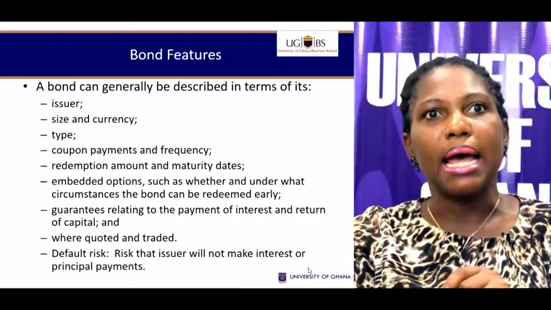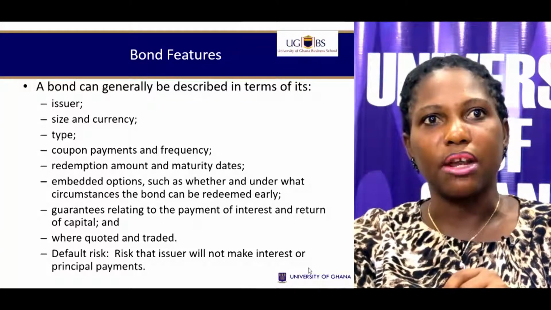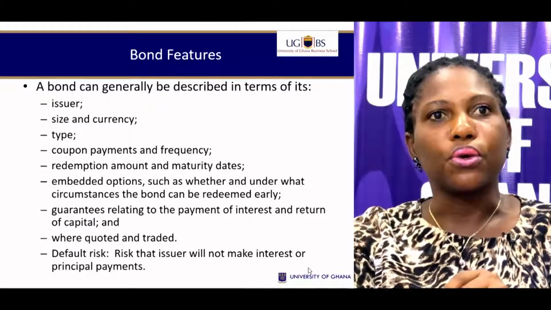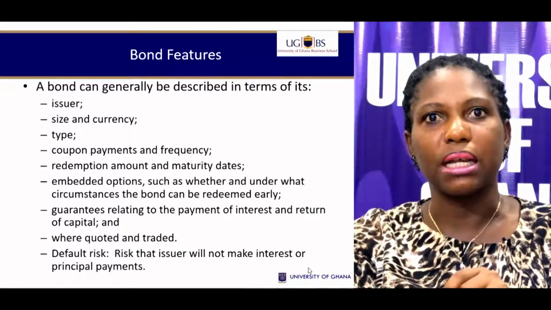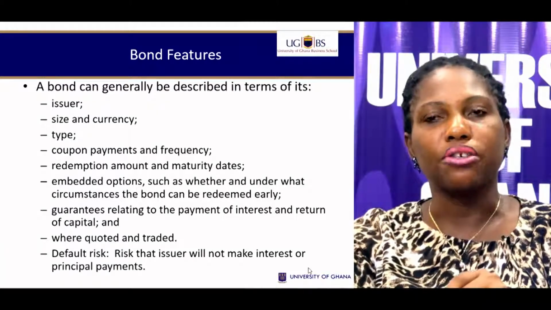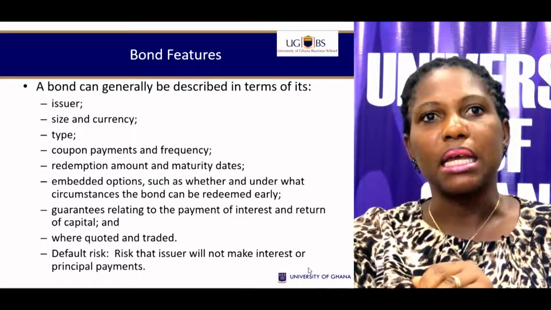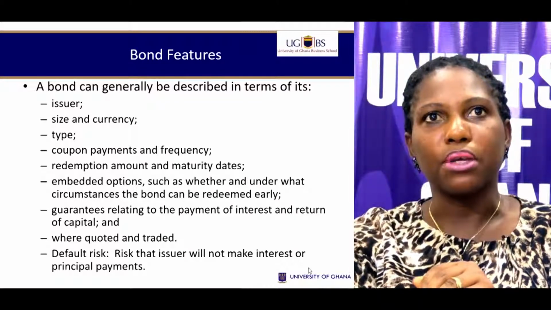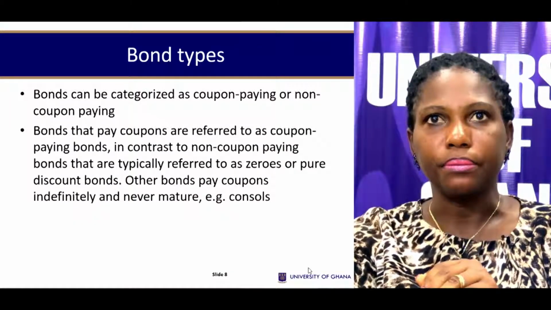And then the other guarantees relating to the payment of interest and return of capital, whether it is quoted and traded, and then also the kind of default risk that is attached to it. In this case, that's the risk that the issuer will not make interest or principal repayments. Typically, these are the features that we'll look at when pricing a bond and how those could influence the actual value for which you should offer or pay for a bond.